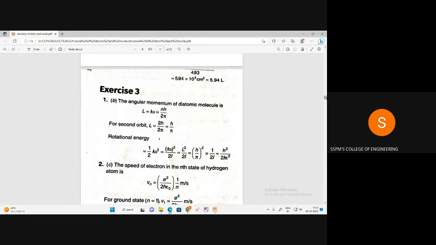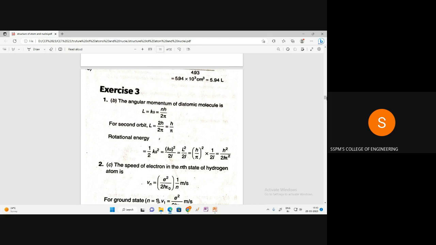Okay. So we have this formula. L equals I omega. L is angular momentum, I is moment of inertia, omega is angular velocity. L equals nh upon 2 pi, which means h upon 2 pi.